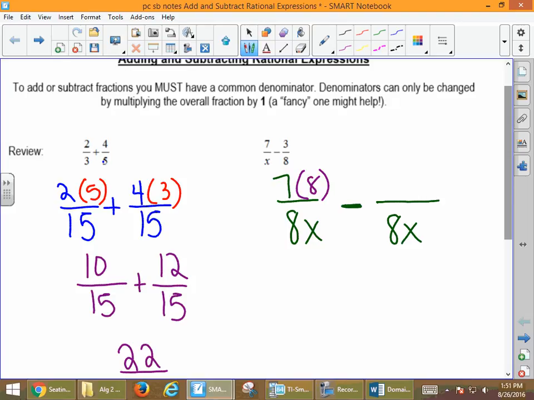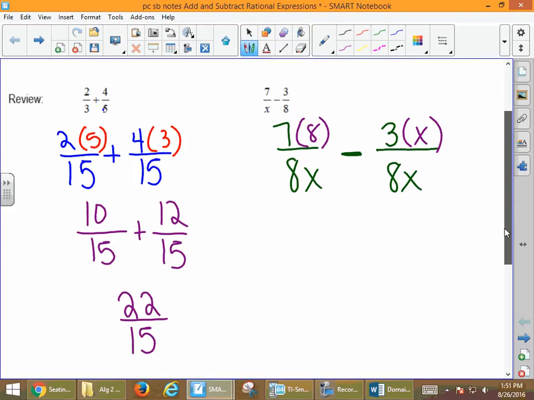And in this other fraction, we multiplied 8 by x, so we need to also multiply the top of our fraction, which had a 3 in it, by an x. Don't cancel anything out, because what we have is that fancy one, 8 divided by 8, x divided by x. There's that fancy 1, so to speak.